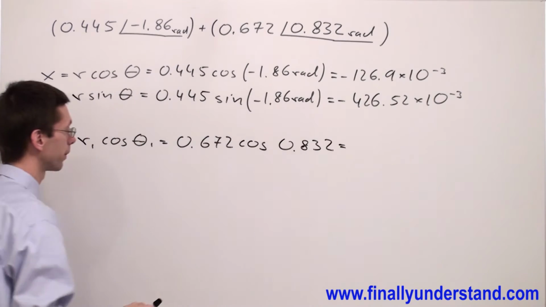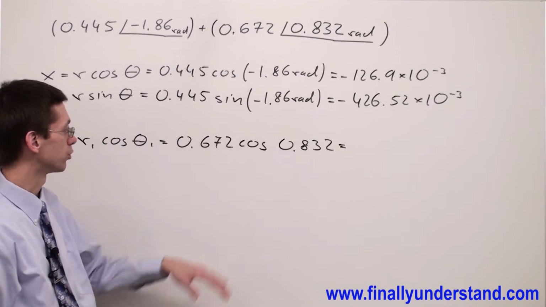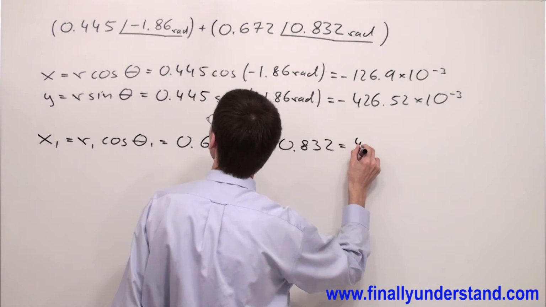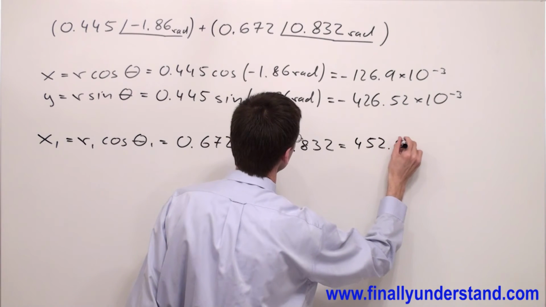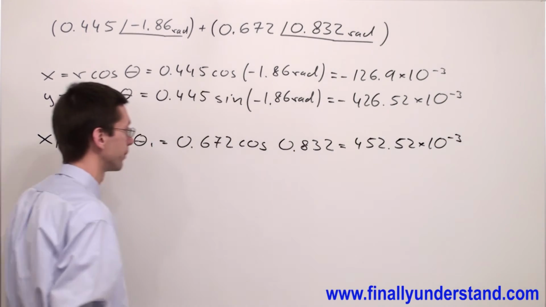After entering these values into the calculator, you're supposed to obtain 452.52 times 10 to negative 3.